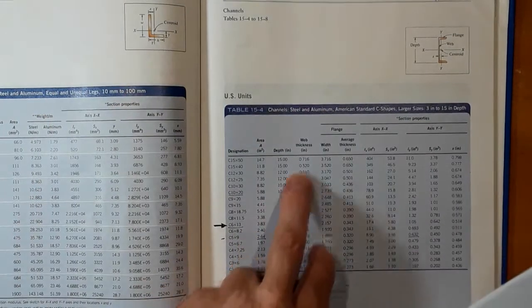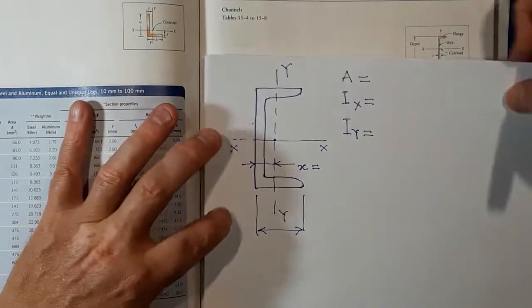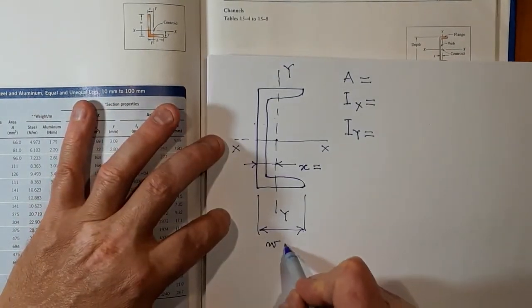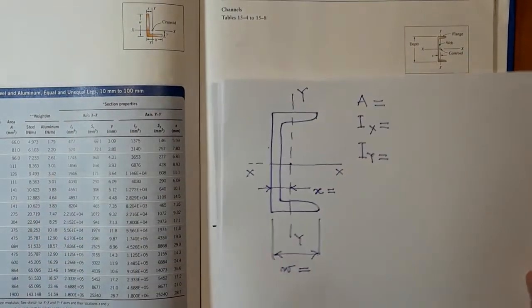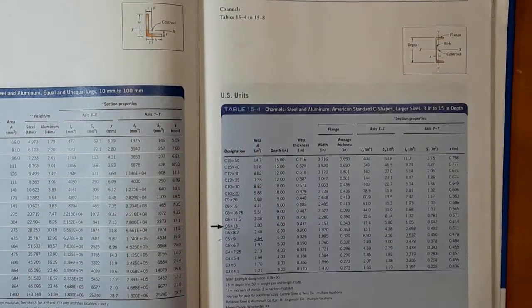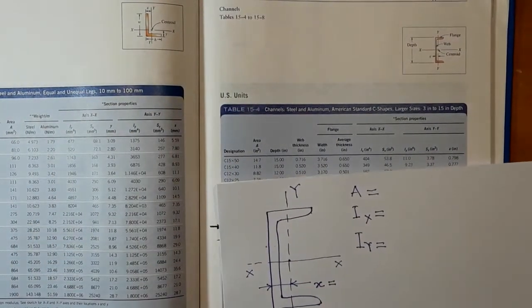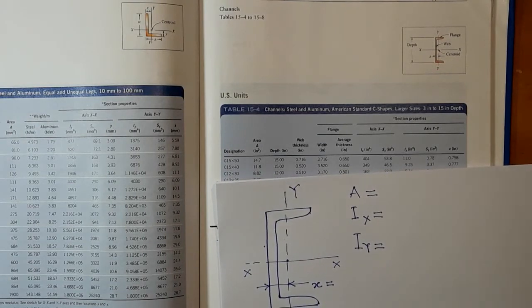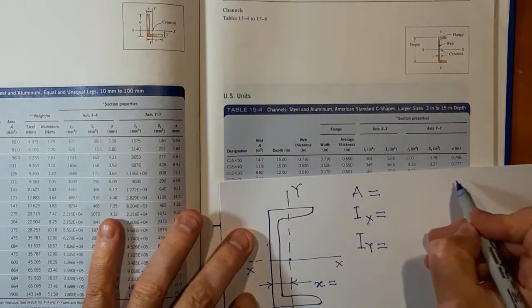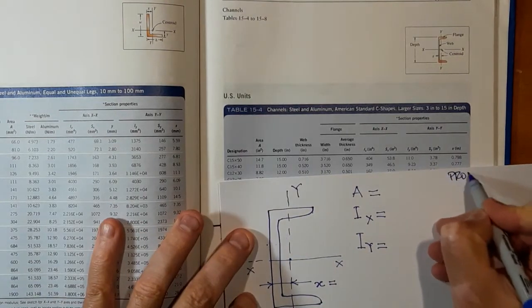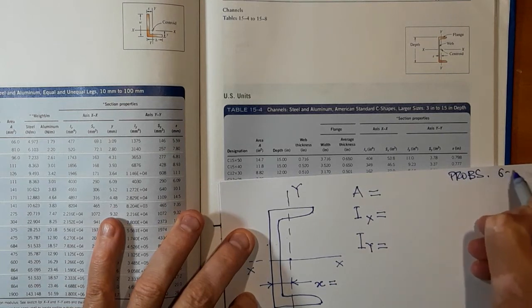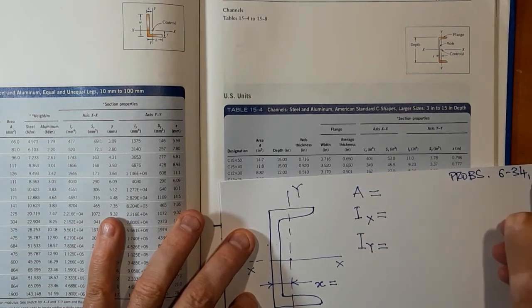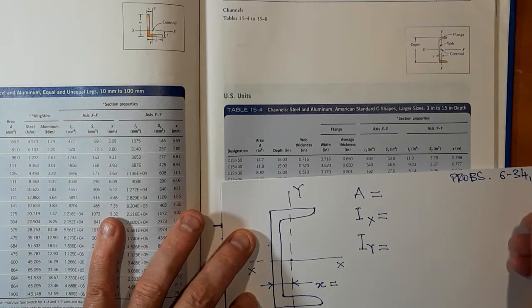Let's call this W. The problems are again 34, 35, and 36. So problems 6, 34, 35, and 36.